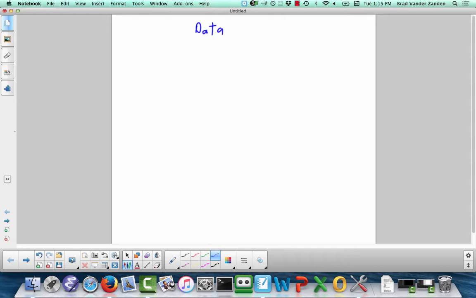Okay, so data modeling, more stuff. This is after you've done those first 4 steps that I talked about, where you identify the entities, the attributes, the relationships, and the constraints.